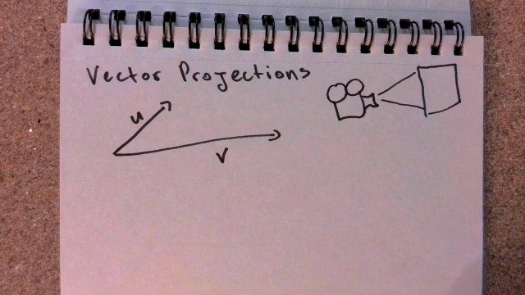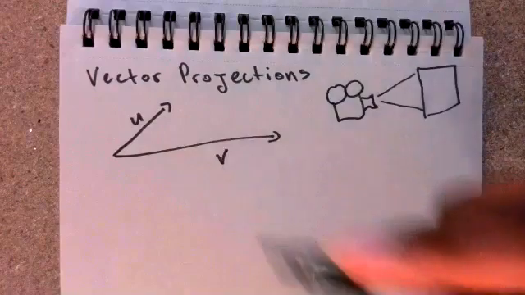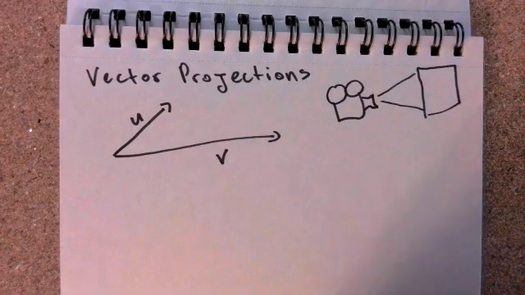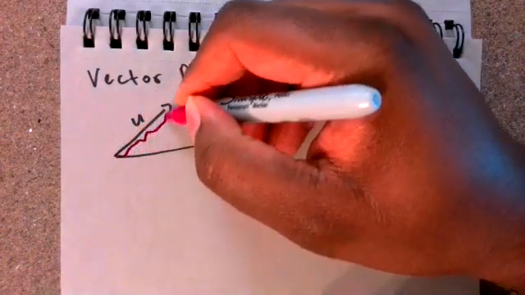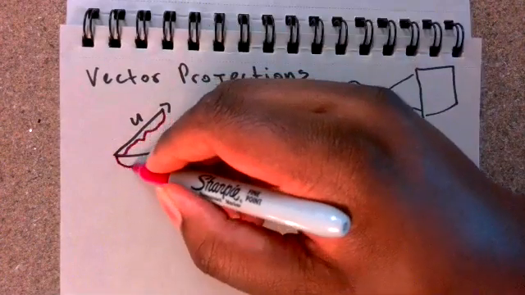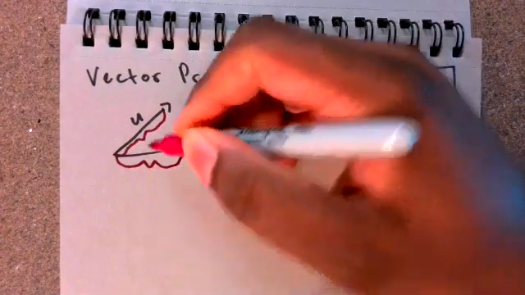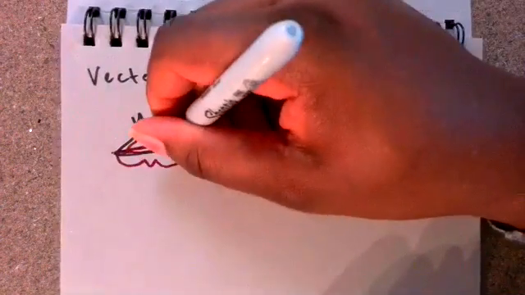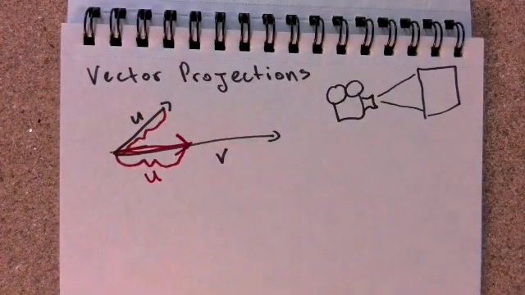So let's say we wanted to project u onto v. That means we're going to take u, more importantly the magnitude of u, the length of u, and we're going to stick it down here. Obviously, this is not u.